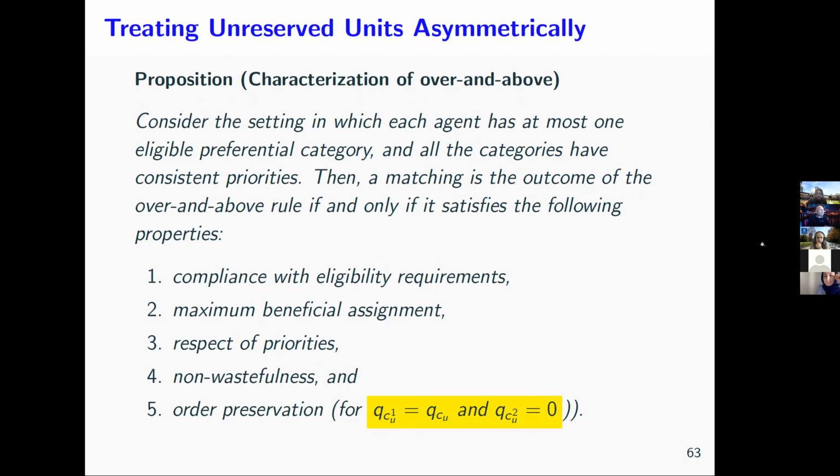So these were two characterization results which are for classical rules under very basic context. But what we are after now are general rules where we relax this requirement that categories have homogeneous priorities. We also relax this requirement that agents are only eligible for at most one preferential category. We allow for agents to be eligible for any number of preferential categories.